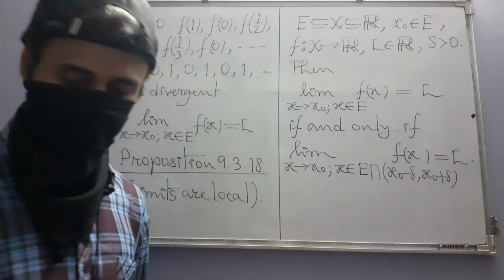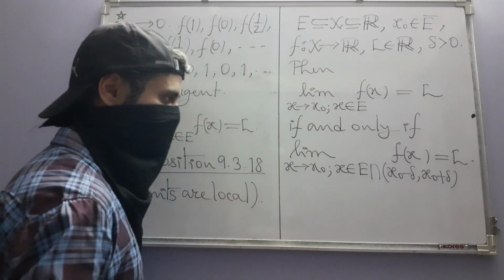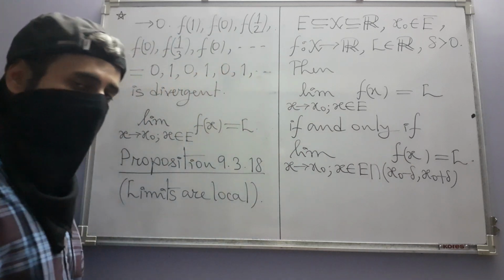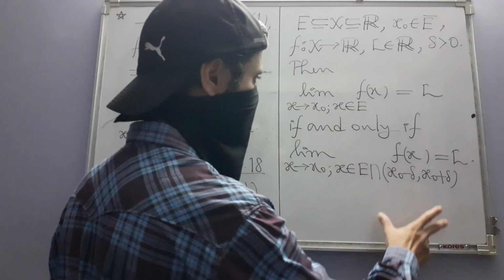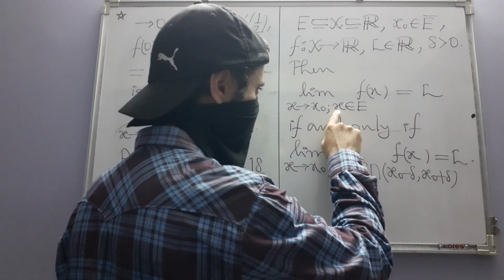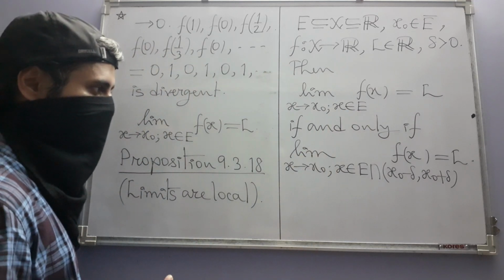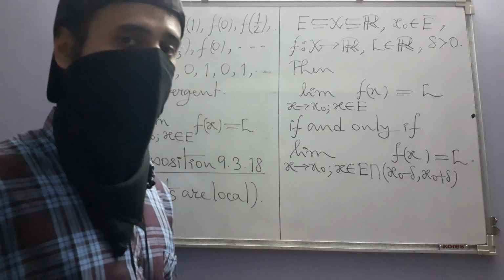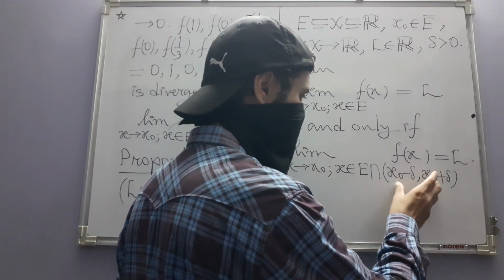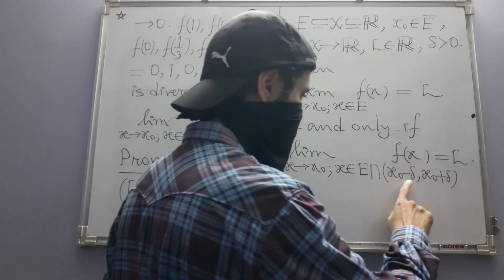So what does it say? It says that you have your ordinary limit and the limit is L if and only if this other limit is L as well. What is the difference? The difference is in this part. Instead of allowing x to come simply from E, you are making it more narrow by focusing very close to x naught, and that closeness is given by this delta.